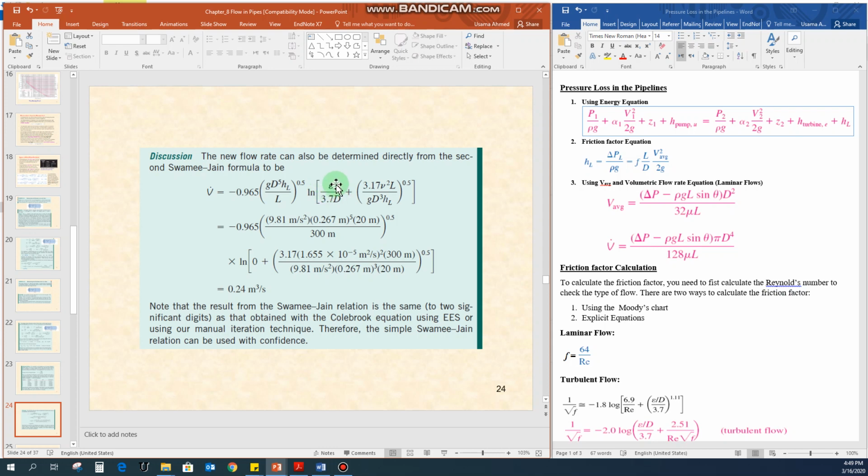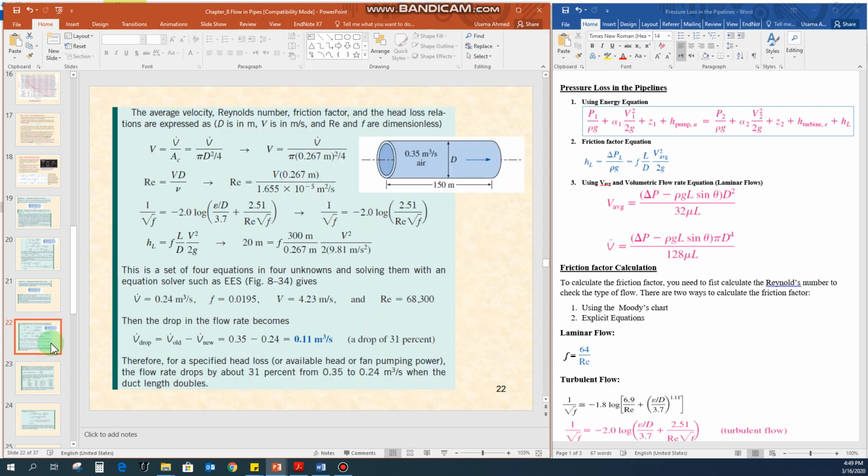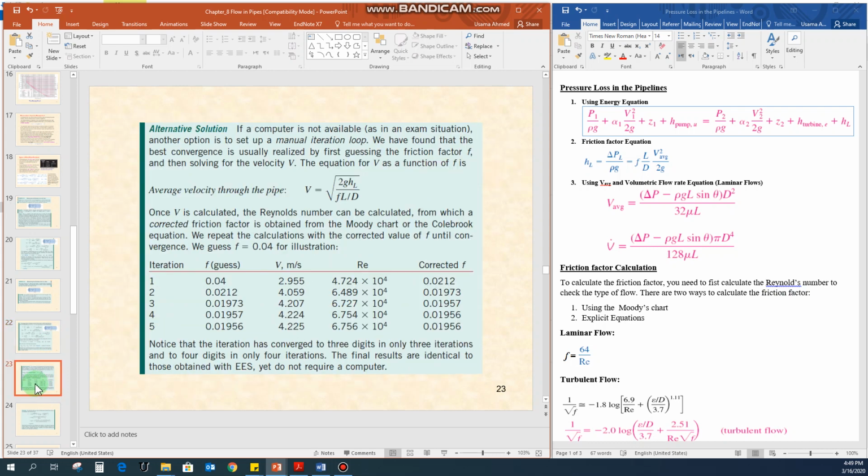If you are using the plastic pipeline, the epsilon value will be 0. You should have the value for the kinematic viscosity and the other things. You can put all the values within this equation to get the volumetric flow rate. It comes out to be 0.24 meter cube per second from this equation, and for the actual values, it could be the same 0.24.